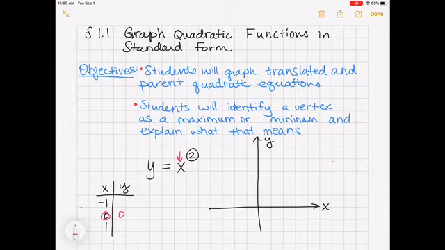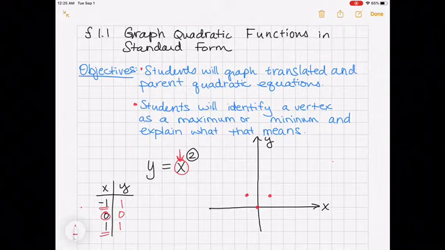If I input 1 for x, that would be 1 squared, which is 1, and so on for -1 squared, which is also +1. So if I were to graph that, I'd graph (0, 0), (1, 1), and (-1, 1).